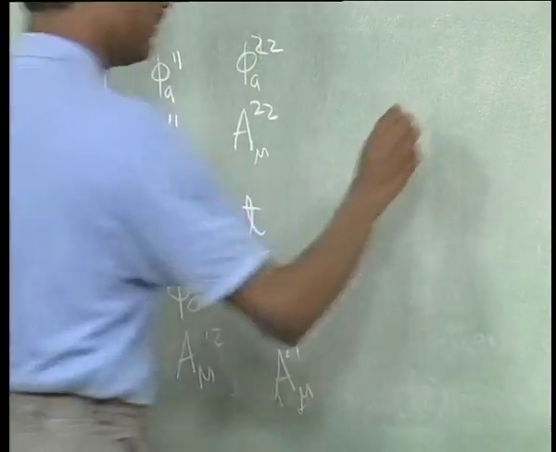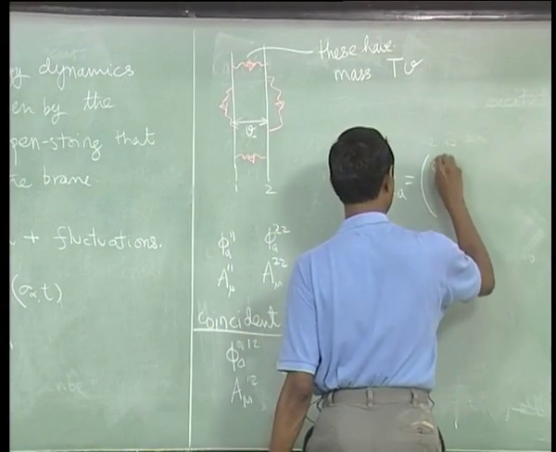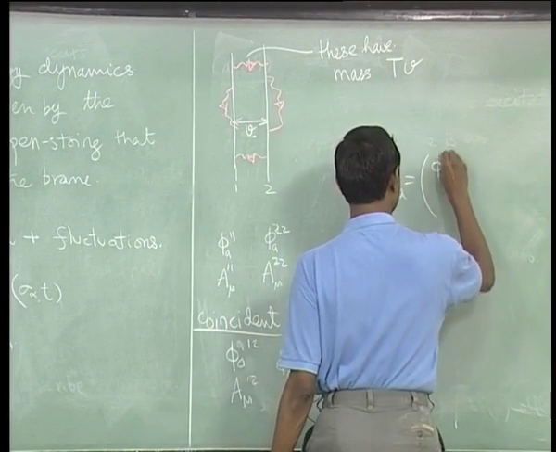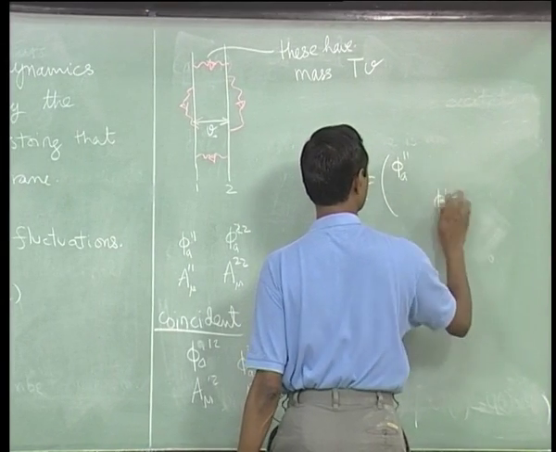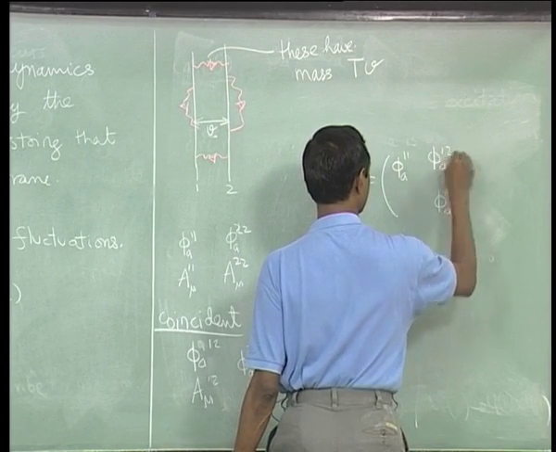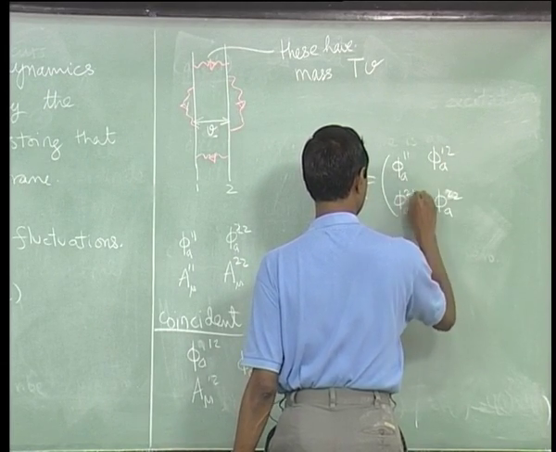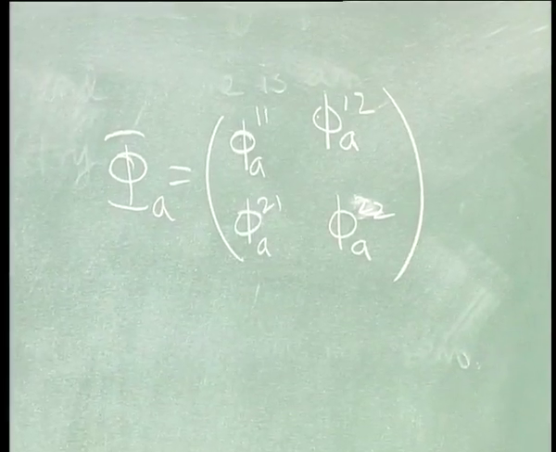So, I just define for you a field phi a which has all these guys. And similarly here.